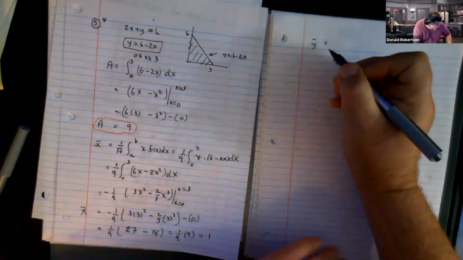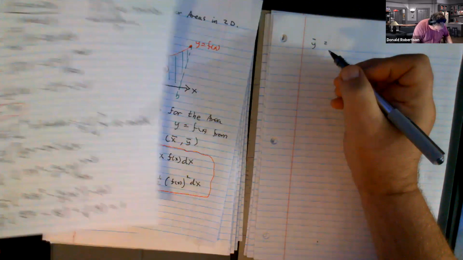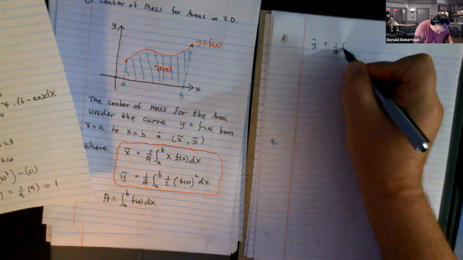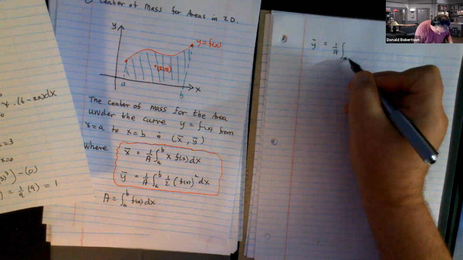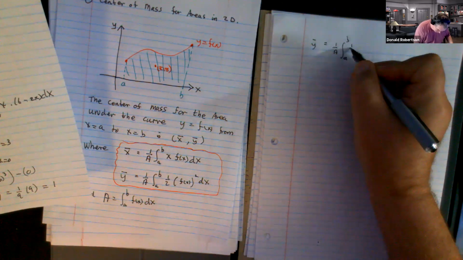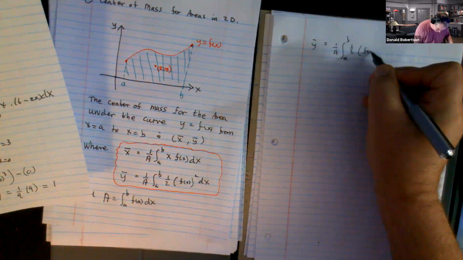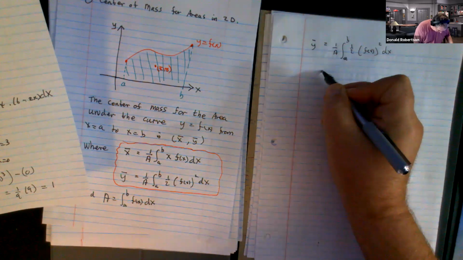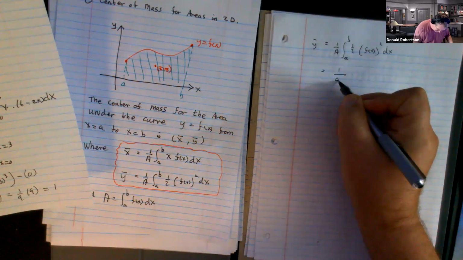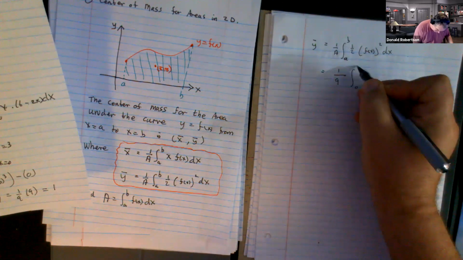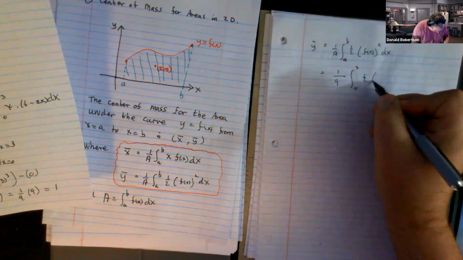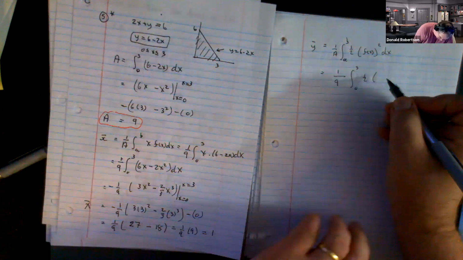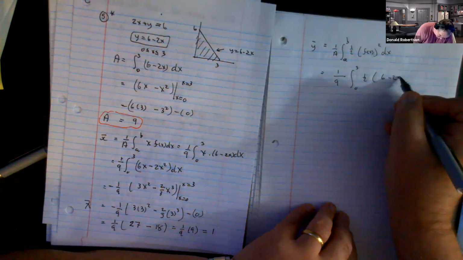The y coordinate of the centre of mass in its formula is 1 over A again, the integral from a to b of 1/2 the function squared dx. So it's going to be 1 over 9 integral from 0 to 3 of 1/2 (6 minus 2x) squared.